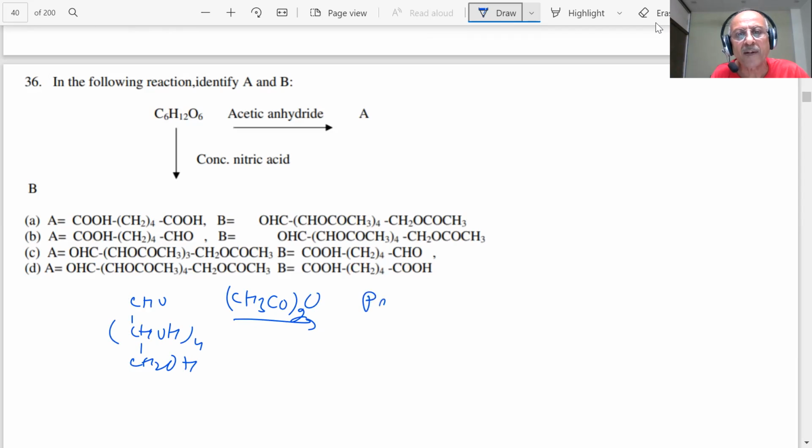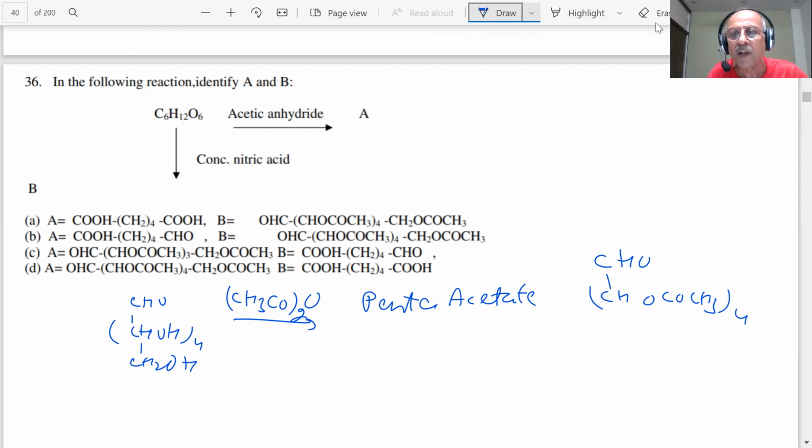This will form pentaacetate. So what is that? CHO, CHOCOCH3 4, and CH2OCOCH3, students. This is my pentaacetate. That is my A.